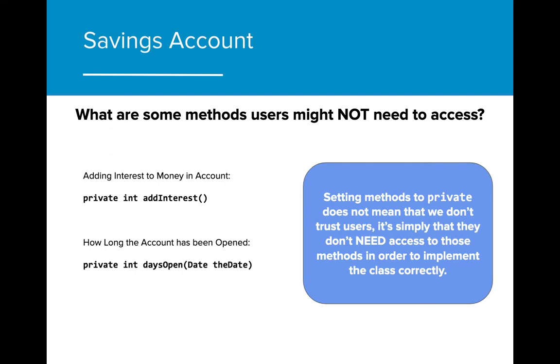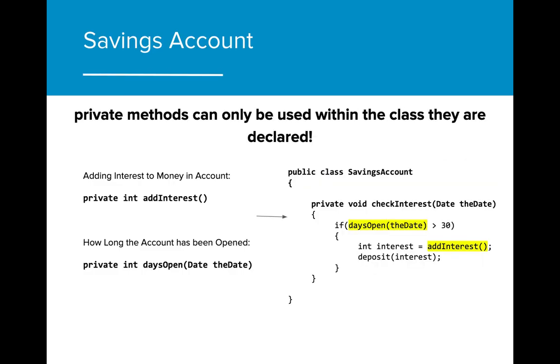If the savings account file adds interest to savings accounts at specific intervals, or when the account is accessed by users, then users don't need to have access to that method, as it is already being implemented without their intervention. As stated earlier, private methods can only be used within the class that they are declared in.